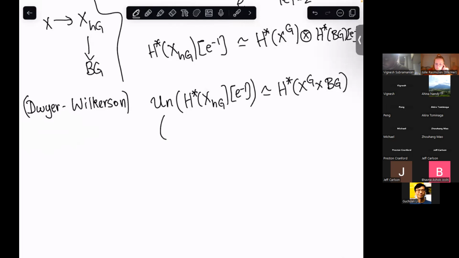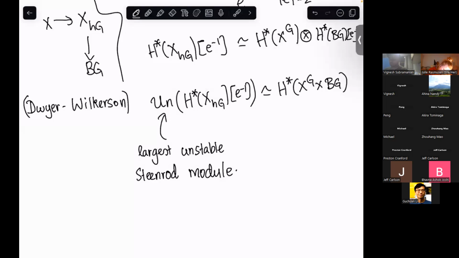So let me write down this thing. This is the largest unstable Steenrod module. It won't be featuring in the main statements that I'm going to say in the talk because I'll give an alternative construction of this functor, which is coherent in all possible ways, and which is maybe easier for me to define.